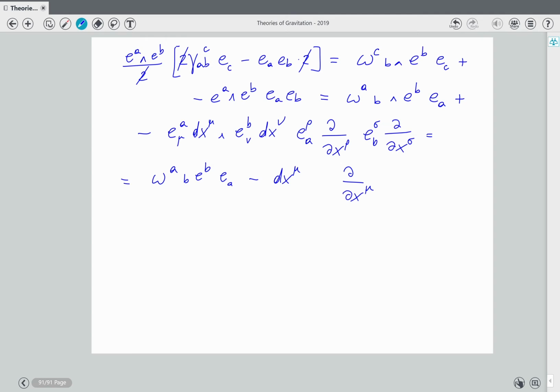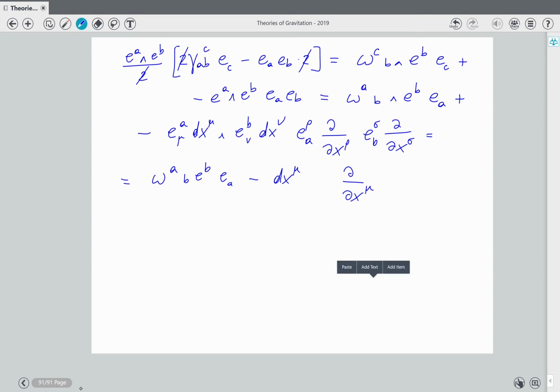Okay, then, oh, by the way, there is one thing that we can actually use here, that there is a commutator. It's not necessary to do it here. So let's copy here.